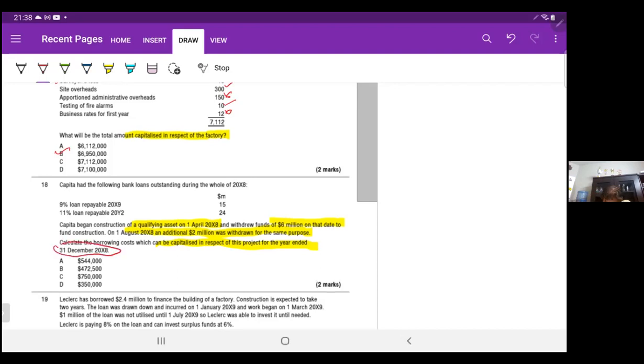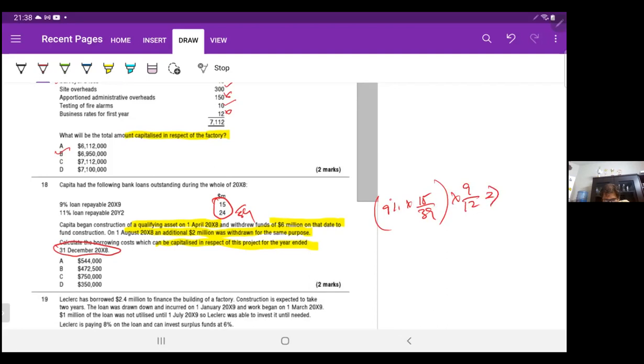So what we will do: 9% loan into 15. What was the total loan? 15 plus 24, it's 39, right? So 15 divided by 39 into how many months? It's 9 months from April to December.